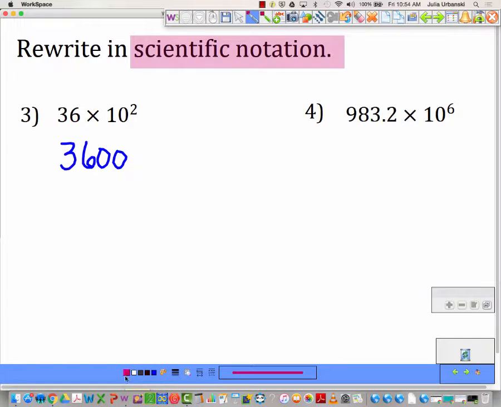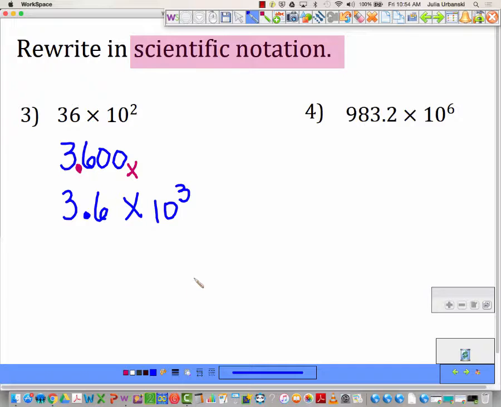So we need to get rid of the decimal that's already there, that's at the X, and we have to put the decimal in the right place. Good. So now it becomes 3.6 times 10 to the positive 3.